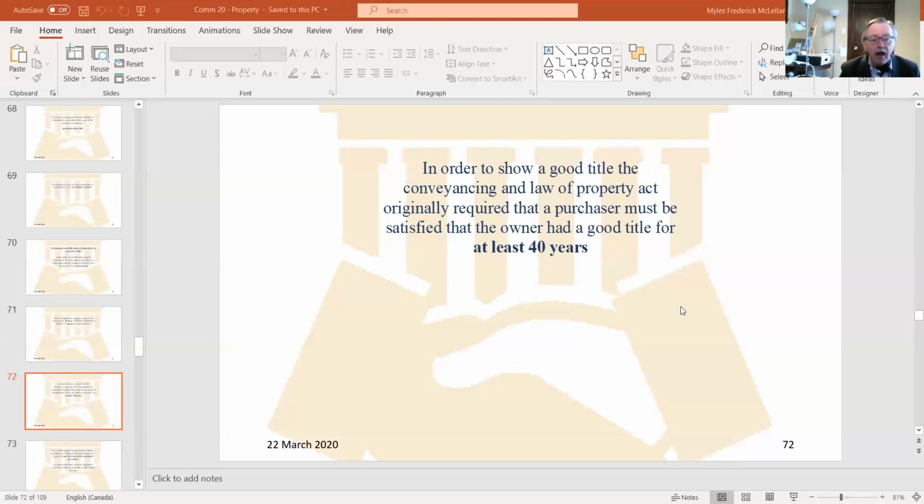And the theory behind that is that anybody who has an interest in property who wants to make sure that interest is protected is certainly going to ensure that it's been there within the last 40-year period of time. If it's older than 40 years, then that interest is lost because nobody's required to search further back than that particular time frame.